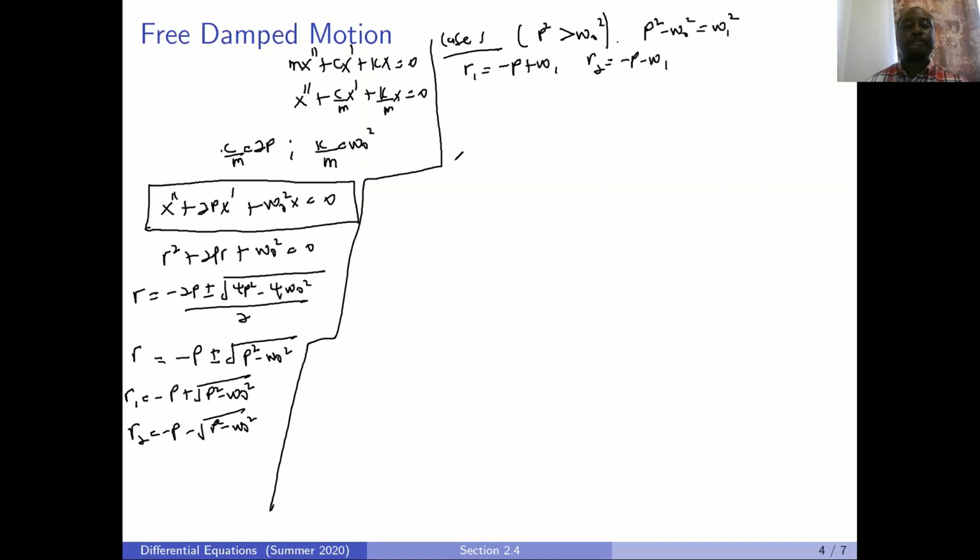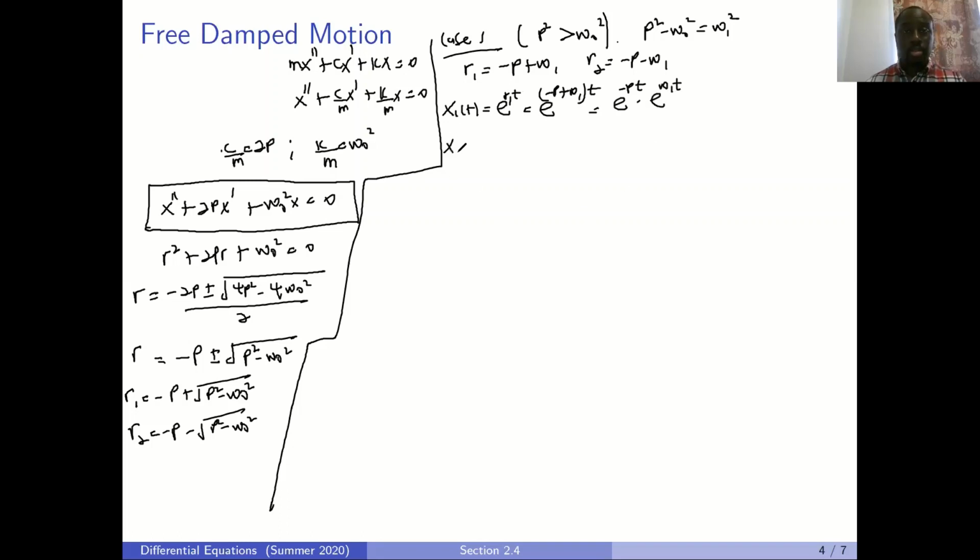Right. And so one of my solutions, in this case my x1 of t, should be e to the r1t, which is e to the minus p plus w1 t, which is e to the minus pt times e to the w1t.